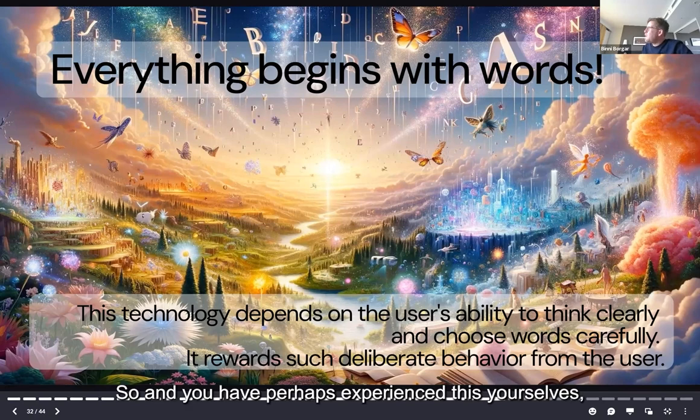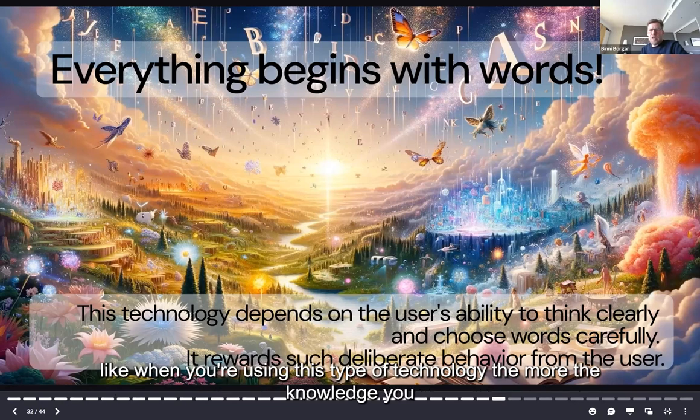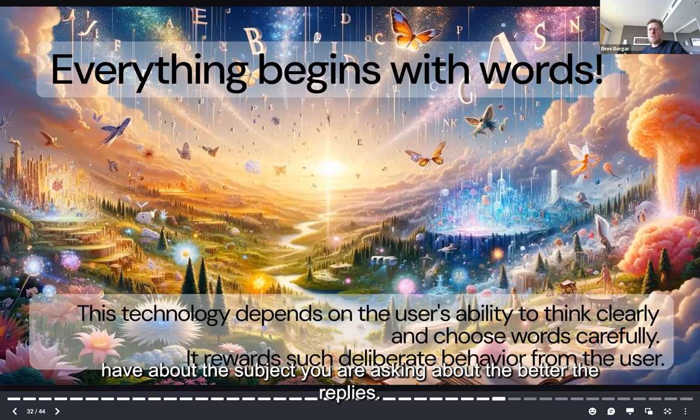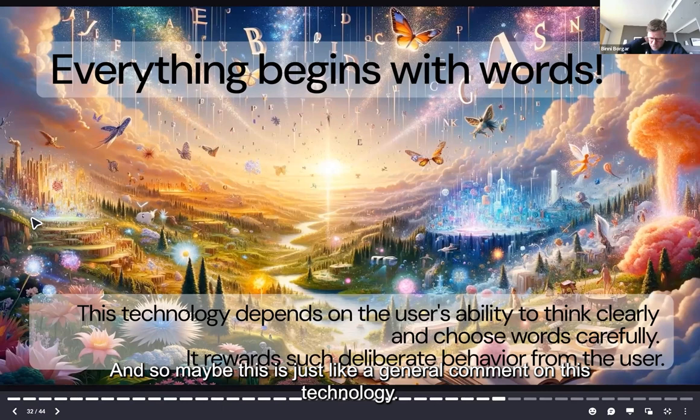And you have perhaps experienced this yourselves, when you're using this type of technology, the more knowledge you have about the subject you are asking about, the better the replies. So maybe this is just a general comment on this technology.